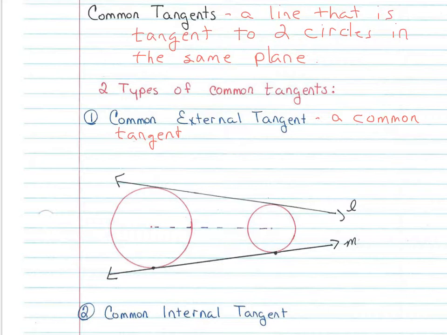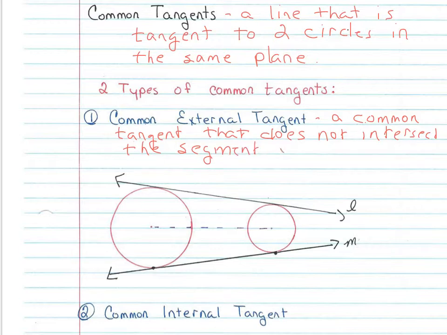A common tangent that does not intersect the segment whose endpoints are the centers of the circles.